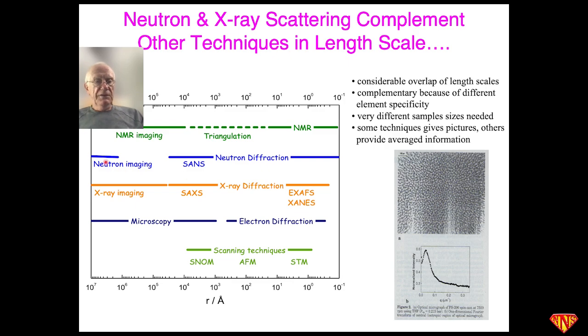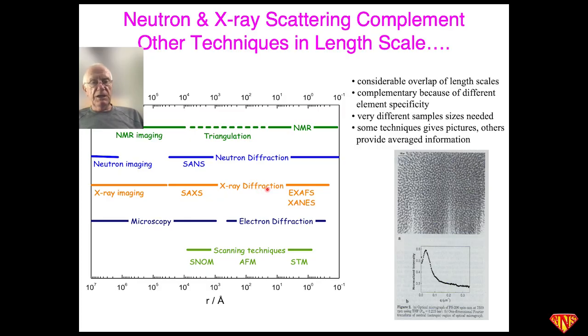And you can see that with neutrons or X-rays, you can do imaging for large length scales down to, as we said, 10 or 1 micron in the case of X-rays. If you want to measure structures that are a bit larger, you have to resort to these techniques called small angle neutron scattering or small angle X-ray scattering. Some of you may already have done that. If you want interatomic distances in crystalline materials, you use neutron or X-ray diffraction.